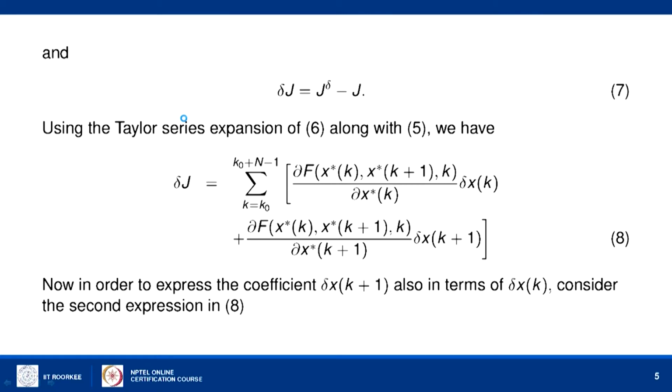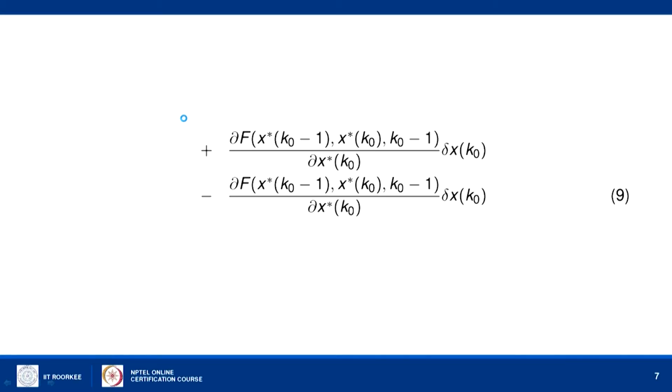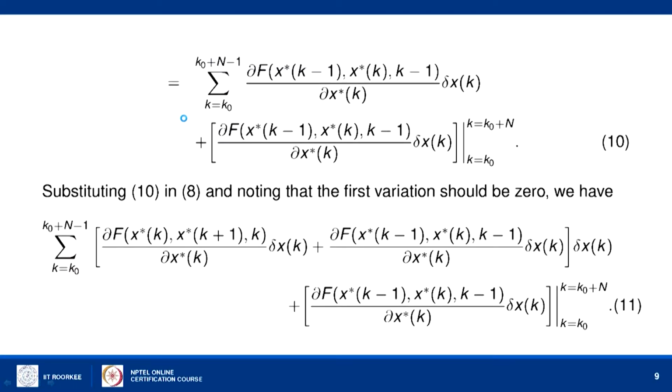The first term is as it is. So combining the first term of the equation 8 and second term of 8 together we will write the equation to be like this. These are the expression we get: del f of x star k minus 1, x star k minus 1 by del x star of k into the variation x of k, and the last two extra terms which we have taken is written in this particular form.